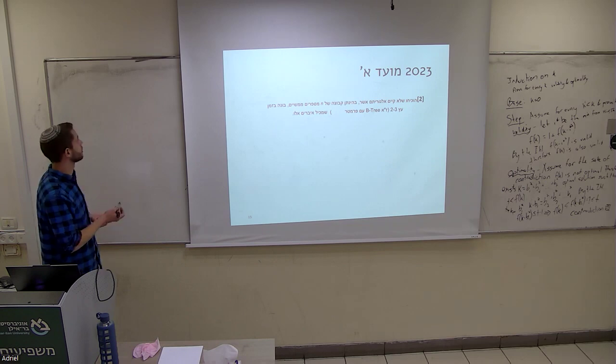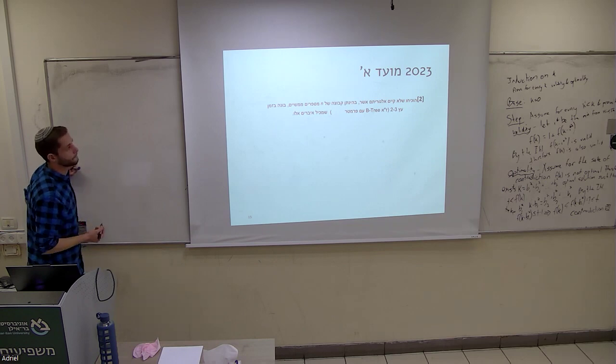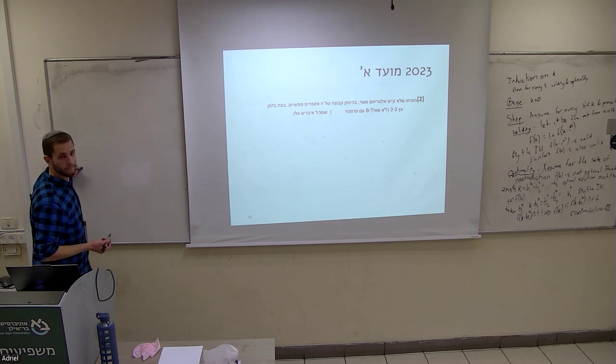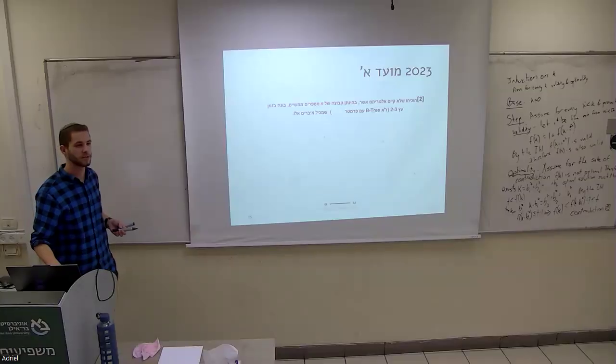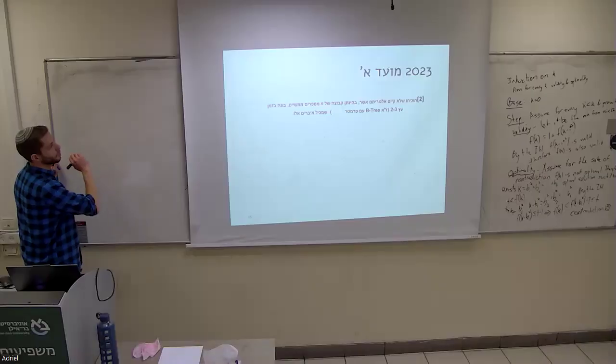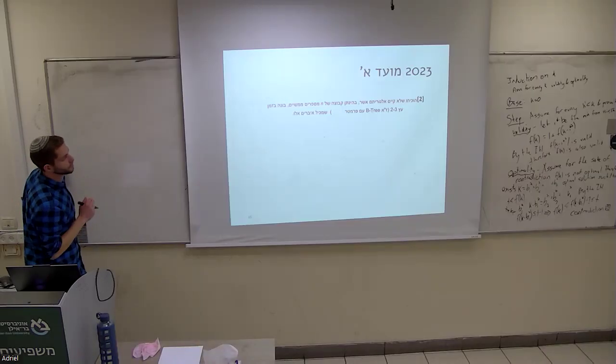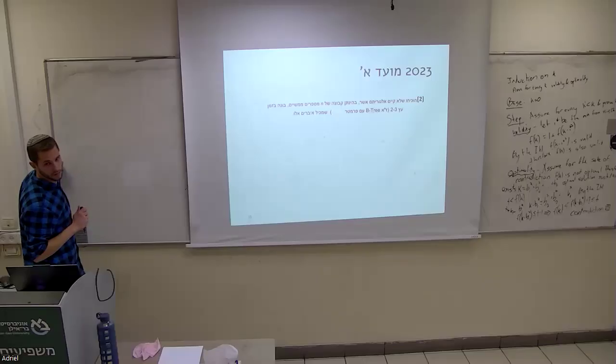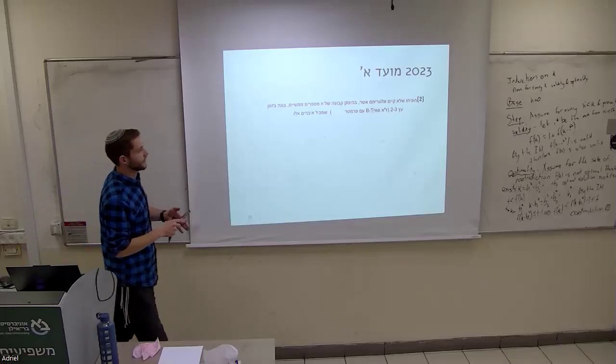How are we going to do that? We assume, for the sake of contradiction, that there is one. Then what? We can traverse it in O of n and get a sorted array. Yeah, exactly.